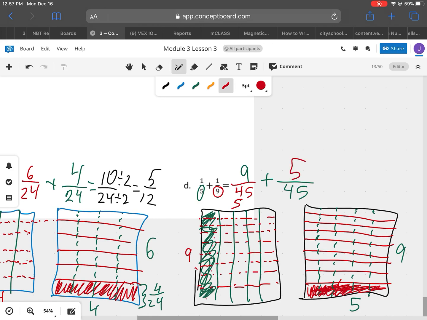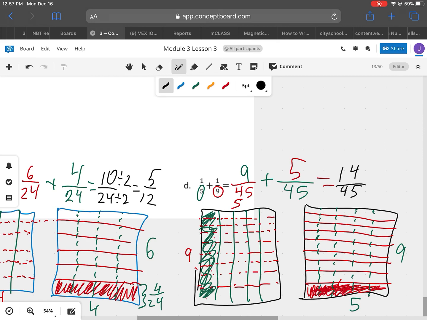And there are 1, 2, 3, 4, 5 pieces shaded in, and then we have 14/45. 9 plus 5 is 14, and the 45 stays the same.